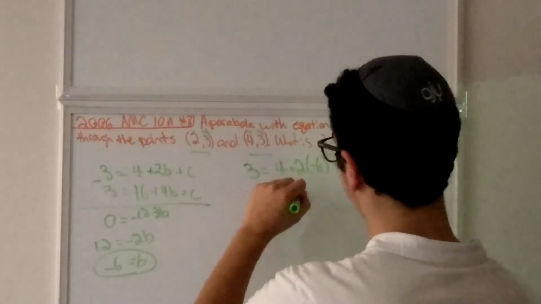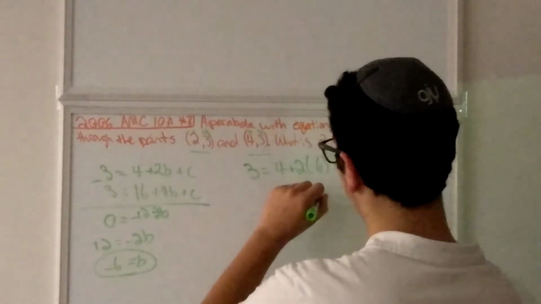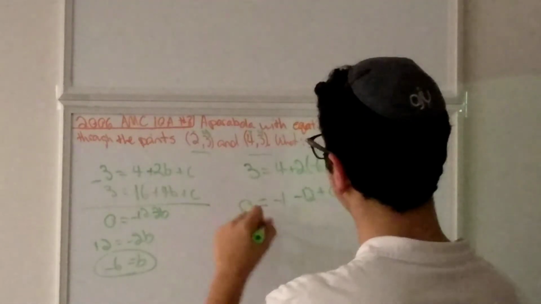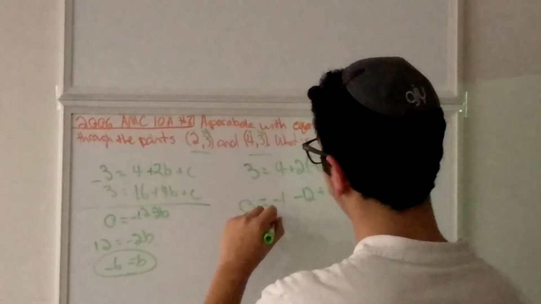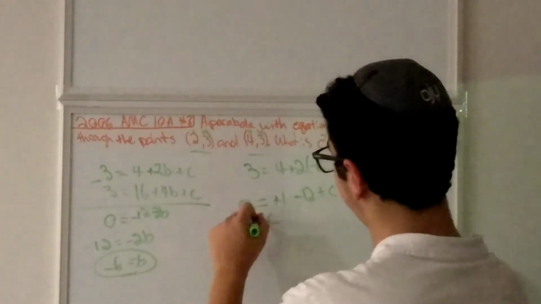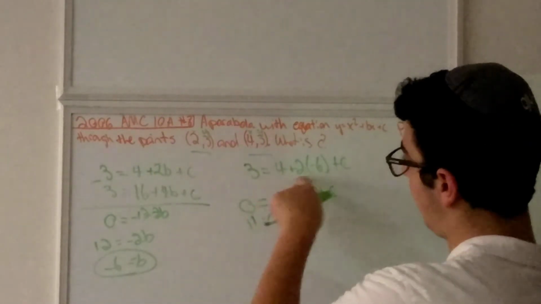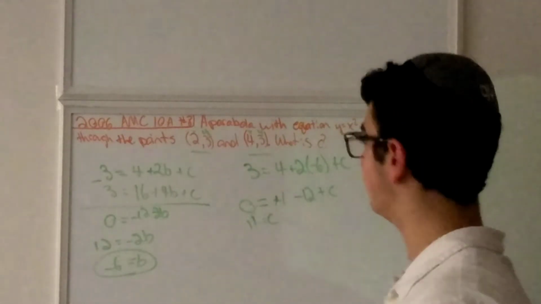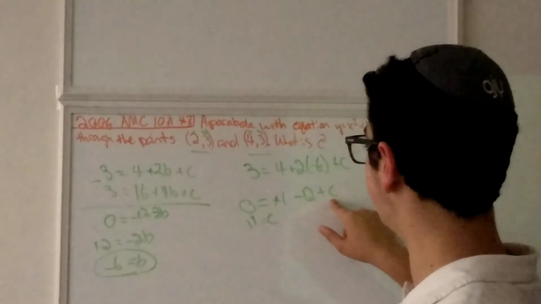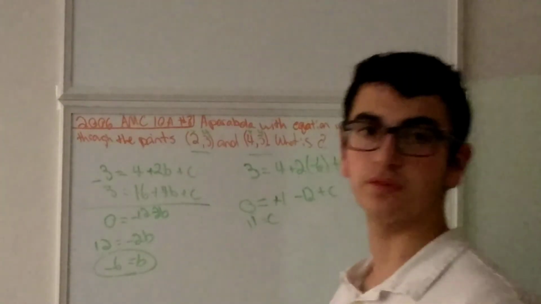So this is minus 12, and then I'm going to subtract 3, and that's equal to 0, which means that c is equal to 13. Or let me wait, c is equal to 11, because I subtract 3 on both sides, which gives me a positive 1 left over, and then 2 times minus 6 is negative 12, so it's 1 minus 12 plus c, which means 0 equals minus 11 plus c, so c equals 11.